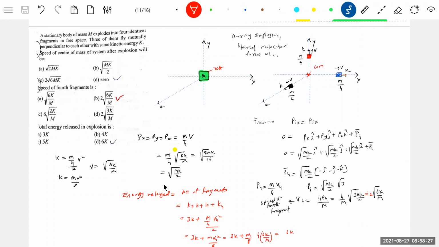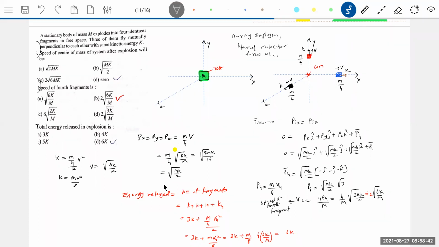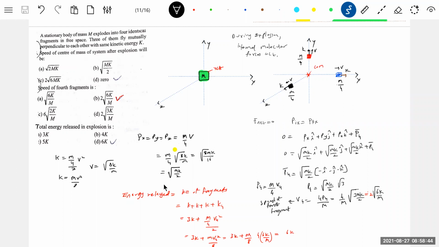Any doubt you have, you can clarify here. That calculation of the center of mass is just mere mathematics. I think you are getting now that the real concepts are here.